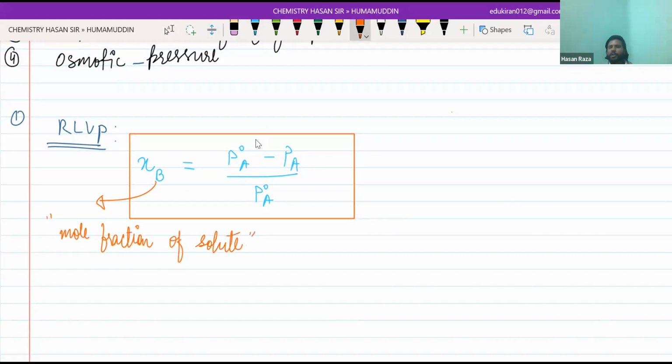P naught A is the initial pure pressure, and PA is the partial pressure after adding the non-volatile solute. Is that clear? So this is your relative lowering in vapor pressure. This is the first colligative property. So just write it. You have already written it, and then let me know if you are done with this.